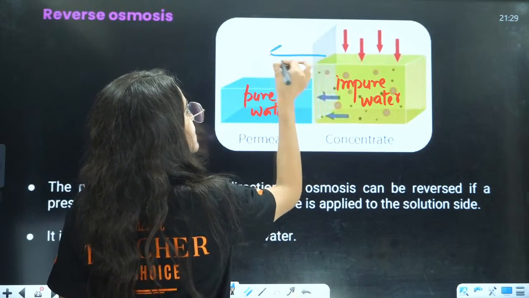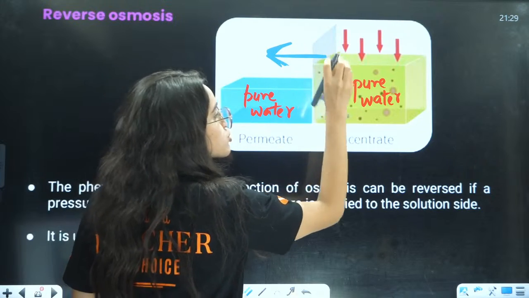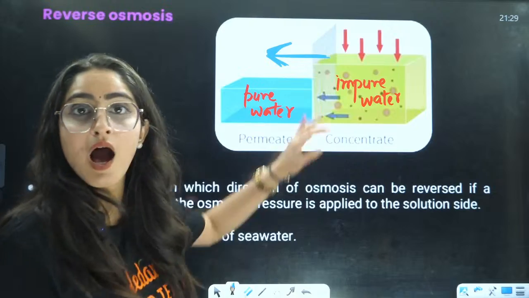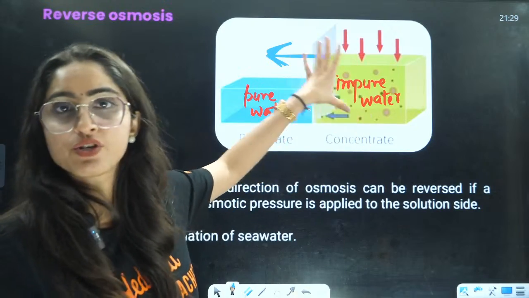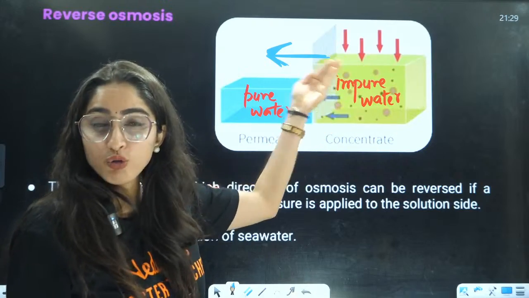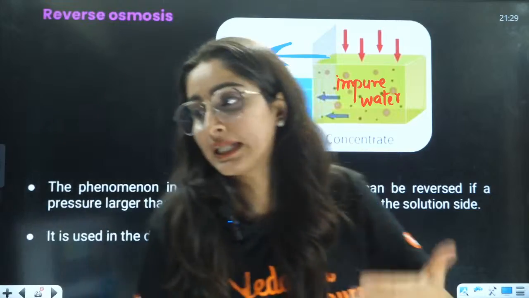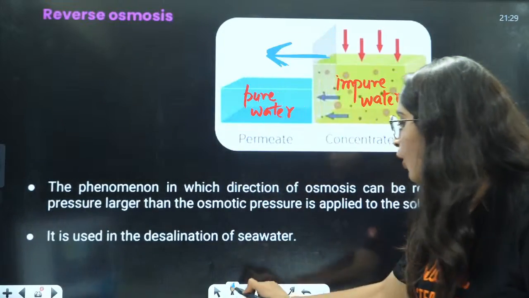That is, it will start going in the opposite direction, and your solvent particles will start moving from low concentration to high concentration. That means your water will get out of the impurities and you will get pure water in the end, right?